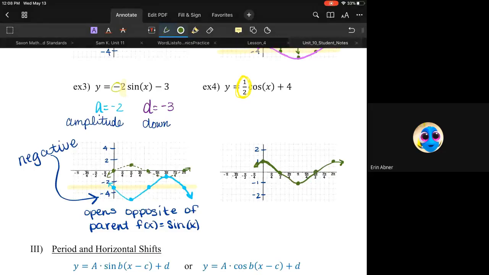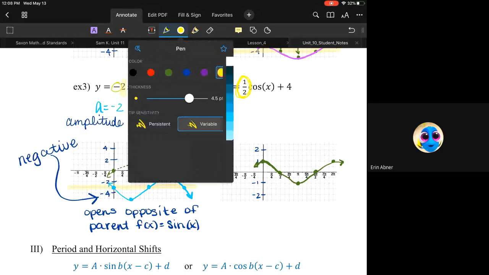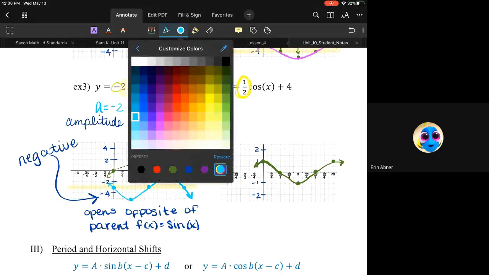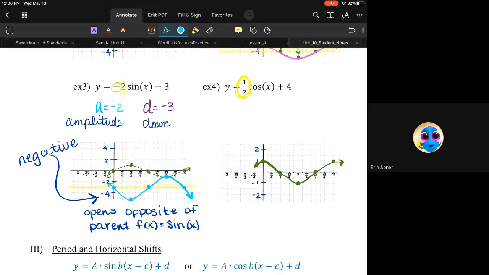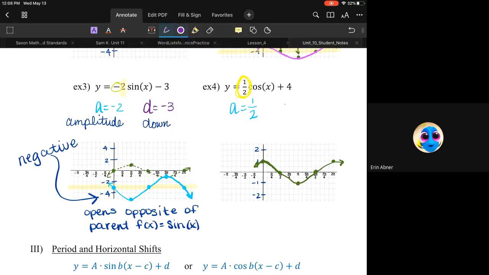And then now we are going to look at our amplitude. So in this case, my amplitude is 1/2. And then my shift is going to be a 3.